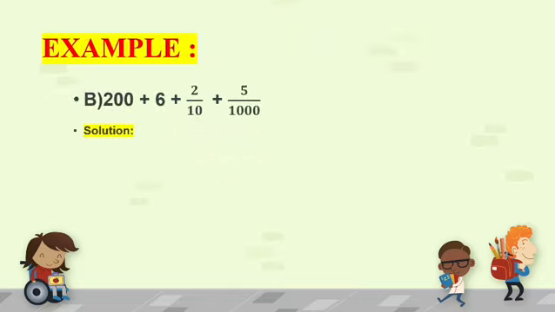Let us see one more example to understand it even better. So here 200 plus 6 plus 2 upon 10 plus 5 by 1000 is given. So what are we going to do?